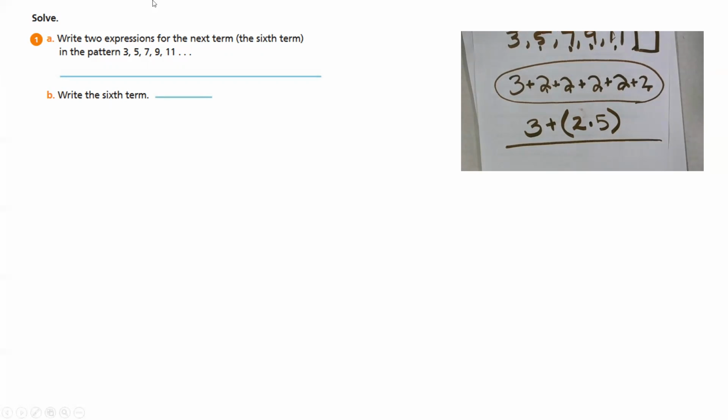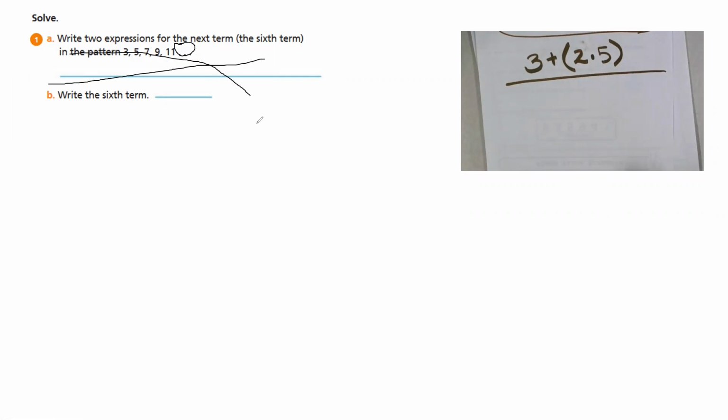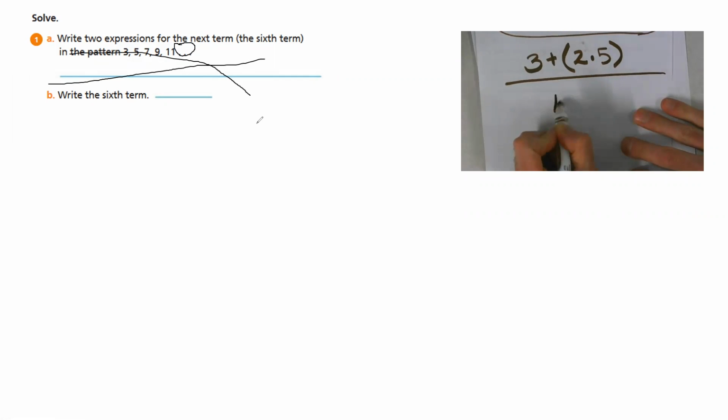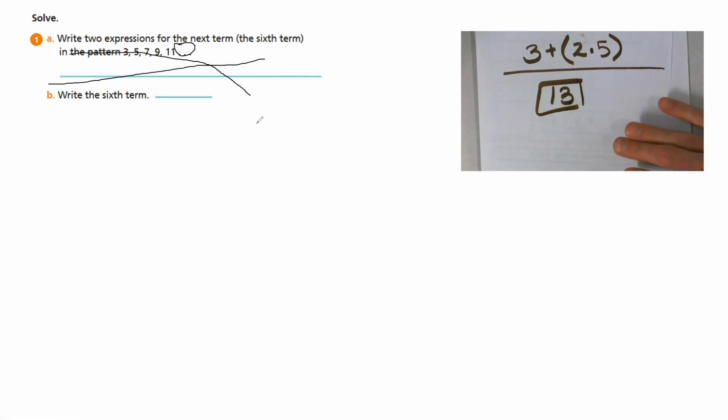All right, if you think it's confusing, what if instead of this nasty question right here, I literally just said, find the next term. Well, can you tell me that answer? What is it? 13 is correct. So as long as you could tell me that the next term is 13, you are good, my friend.